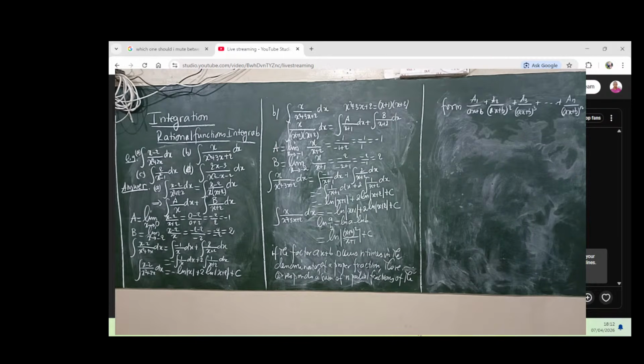If the denominator contains an irreducible quadratic, what do we do?